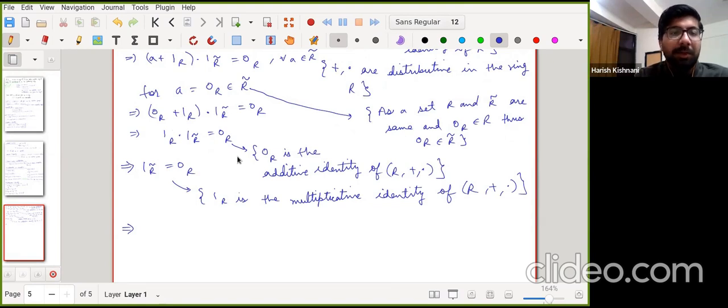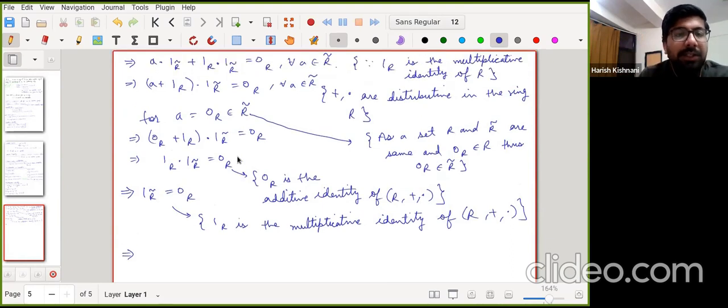So 0 is now playing the role of 1 with respect to the new operations. So whatever we did, can we just say that 1 of R is a multiplicative identity of the new ring structure, or still something more has to be done?